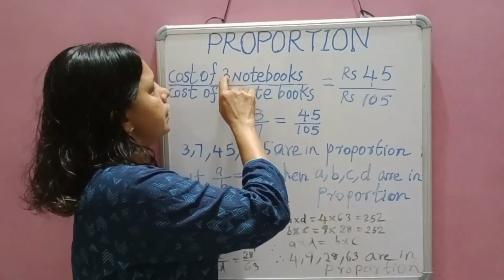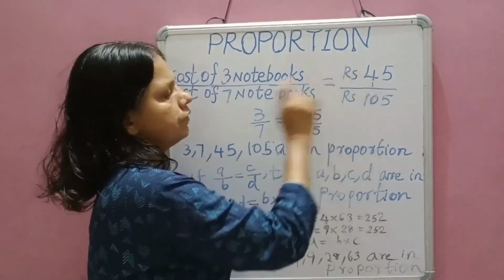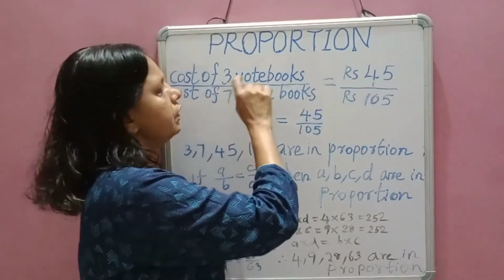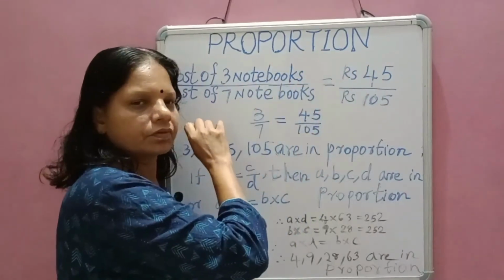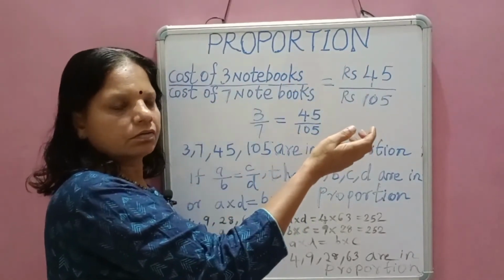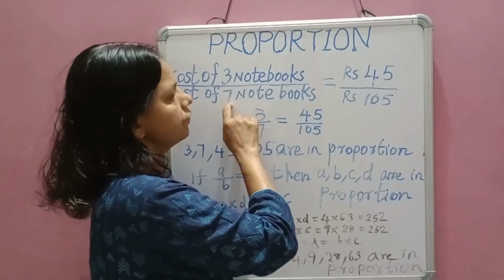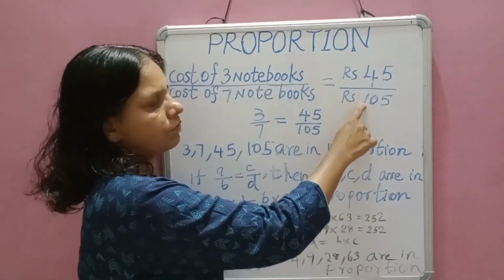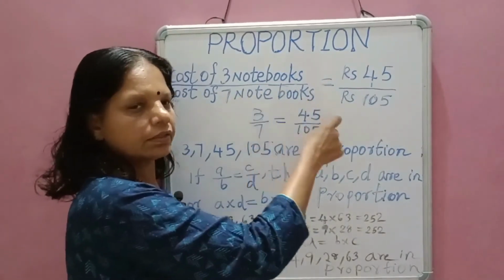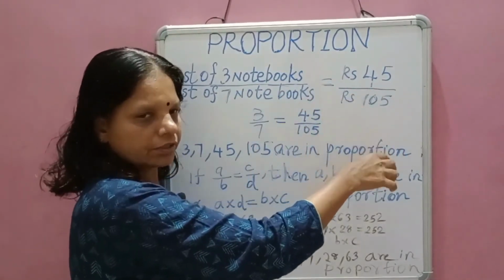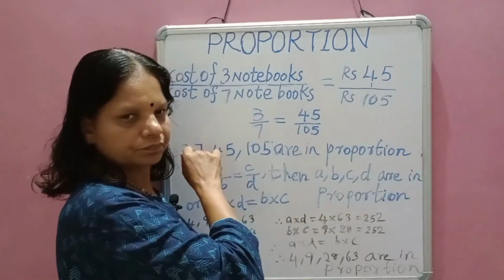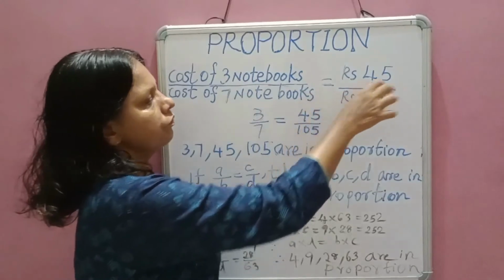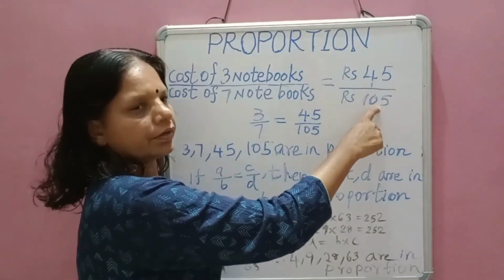You have to see what is the relation between 3 and 45. How many 3s are 45? 15 3s are 45. The same number you have to multiply. 7 into 15, that is equal to 105. So we are getting an equivalent fraction or equivalent ratio. So 3 upon 7 is equal to 45 upon 105.